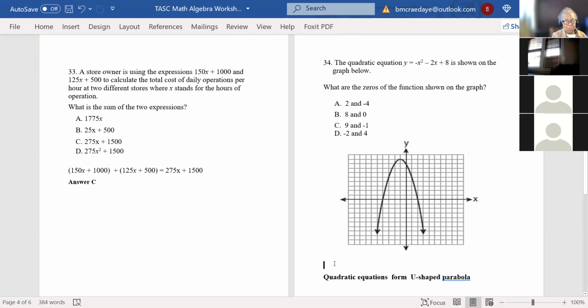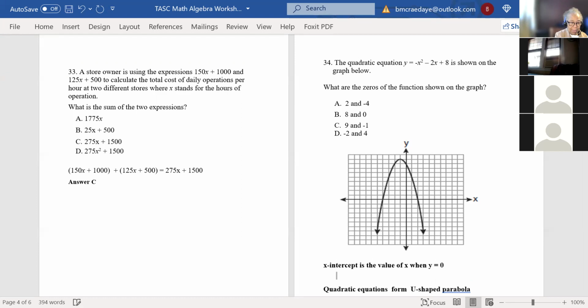The zeros of a function or a parabola are at the x-intercept. So we have the y-intercept and we have the x-intercept. And all the x-intercept is, is the value of x when y equals 0.